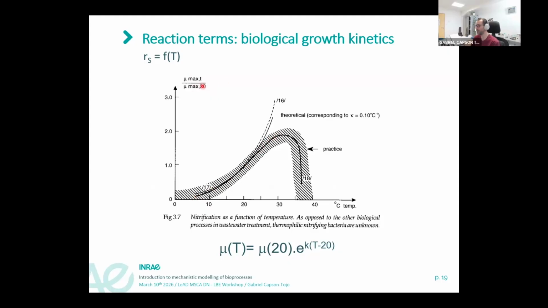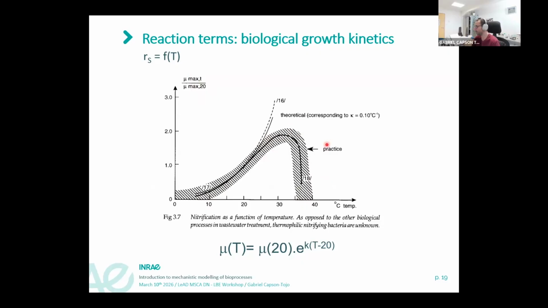This is a ratio of the optimal of 20 over the growth of 20. And as you can see, it goes up until a certain value where the growth drops because basically you are denaturating all the proteins and biomass dies. Generally, we don't consider this section because in most cases, we are not operating our system at values where we know we're going to kill the biomass.